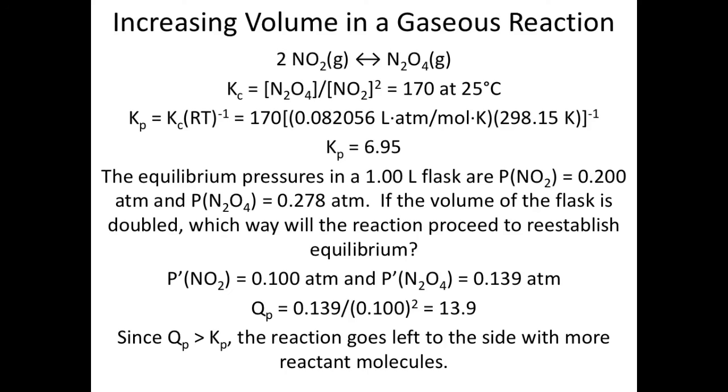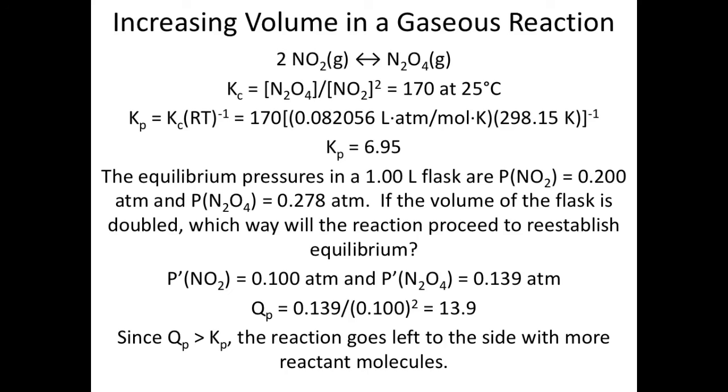We are going to then change the volume of the flask and make it a 2 liter container and determine which way the reaction will proceed to reestablish equilibrium. Well, if you remember back to your gas laws, pressure and volume are inversely related.